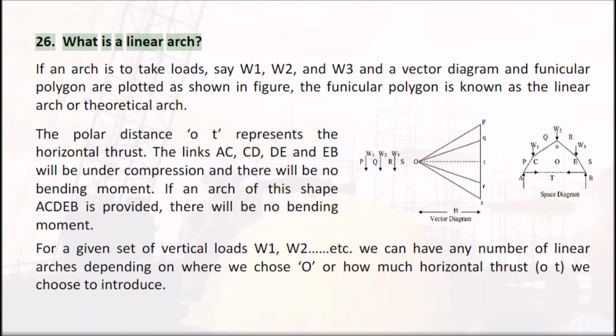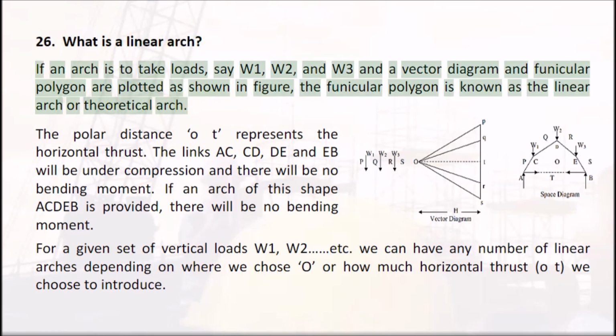What is a linear arch? If an arch is to take loads, say W1, W2, and W3, and a vector diagram and funicular polygon are plotted as shown in the figure, the funicular polygon is known as the linear arch or theoretical arch.